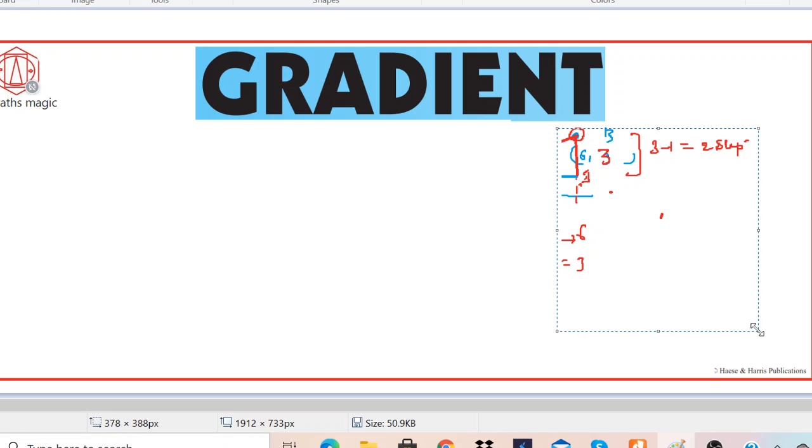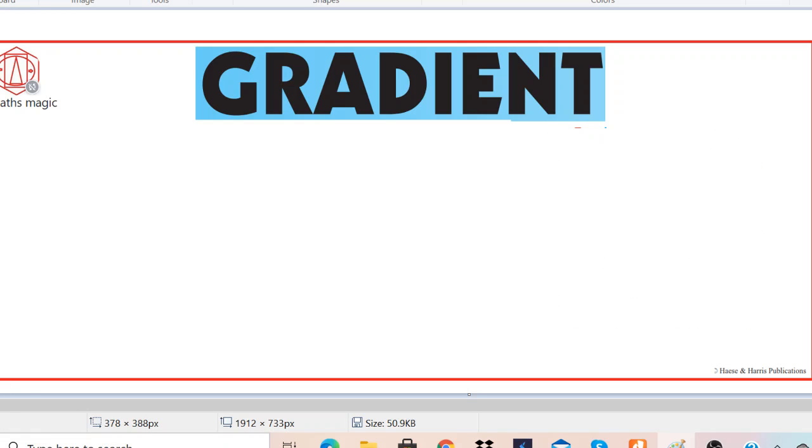The formula is very easy, and there is one important notation usually used to represent slope: m. The formula is m = (y2 minus y1) upon (x2 minus x1).